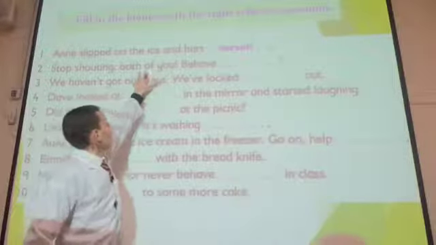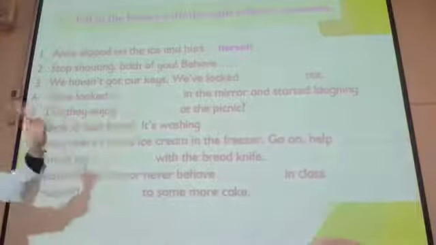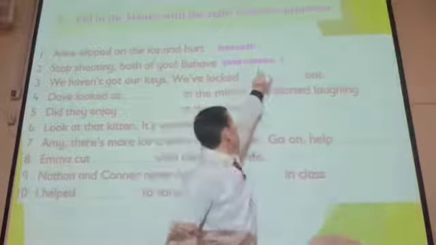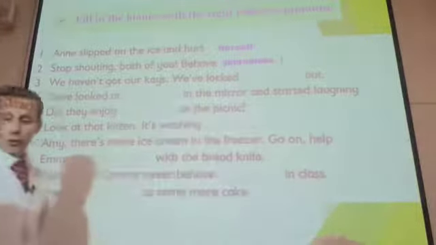That's right. The next one, number two. Stop shouting. You are talking to someone. Stop shouting, both of you. So here we have two people. Someone is talking to two people. Behave yourselves, which comes in plural form.